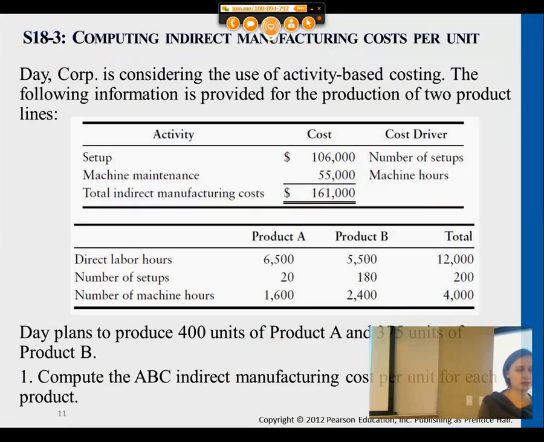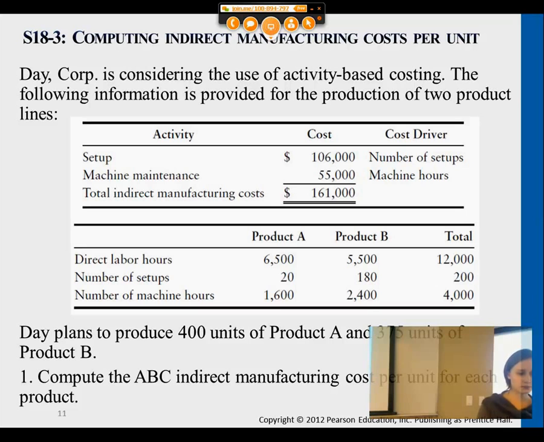What activities do I have? I have setup and machine maintenance. So step 1 is given to you. There is a cost for the setup activity and a cost for machine maintenance, and they even gave you a cost driver.